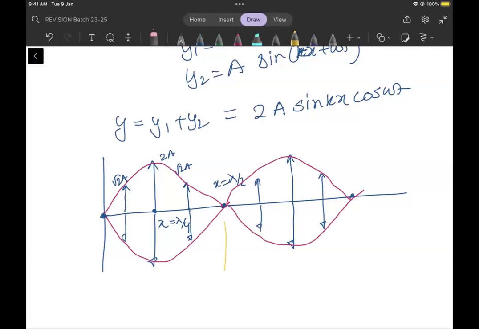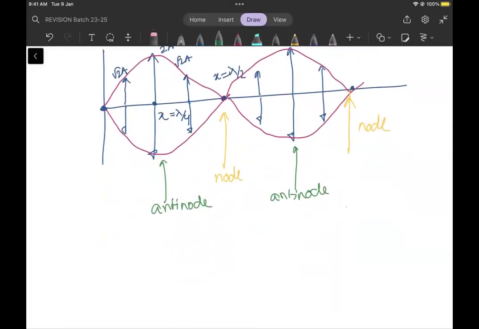So this point is called a node. This point is called a node, and this point is called antinode.